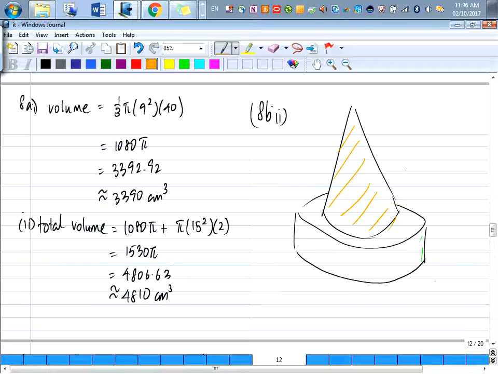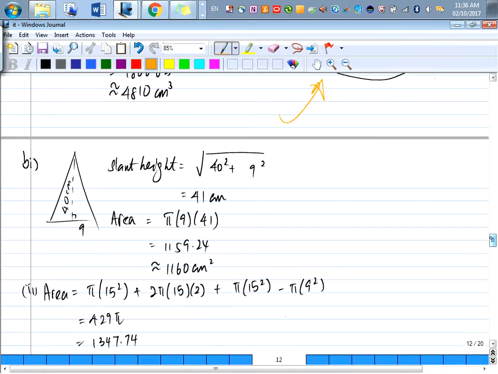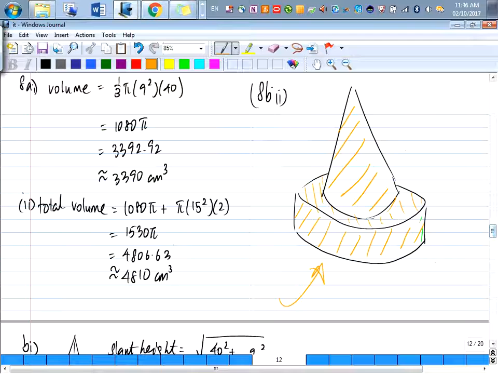Hey, class. First, I have the curved surface area of the cone. Then I have this curved surface area over here. I have the flat surface at the top. And I have one last surface, which is at the bottom. One complete circle. So we add all of them up. The only thing that you might have issues with will be calculating the area of the surface area for the cone.